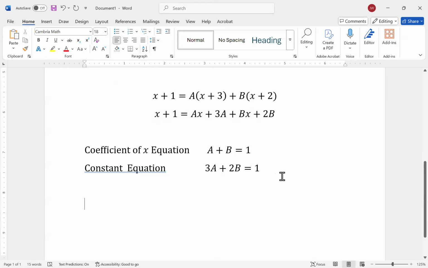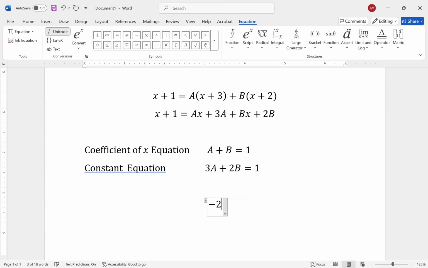Now, we can solve in a variety of different methods. One method is the elimination method. The elimination method would say, well, let's multiply this first equation by -2. I get -2a minus 2b is equal to -2. The second equation, let's leave alone.